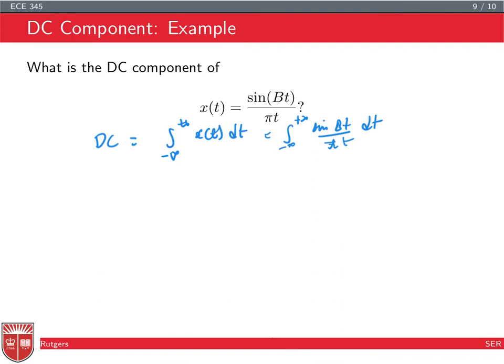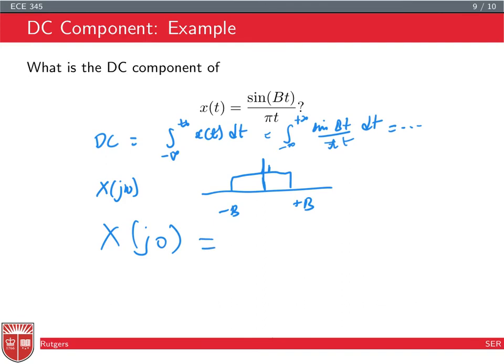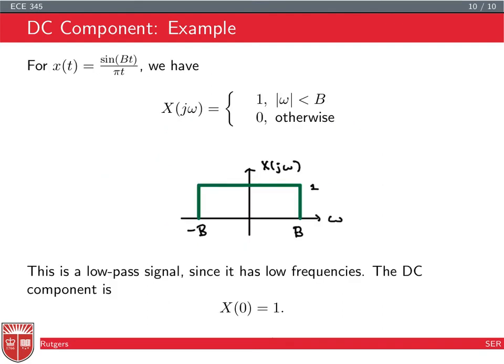Now, again, you could do this integral, but an easier way is to find the signal in the frequency domain. So it's a box between minus b and plus b, and magnitude 1. Then I know that X of j0 is equal to 1, and this is the DC component of the signal. The details are done here. So again, you get that the DC component is equal to 1.